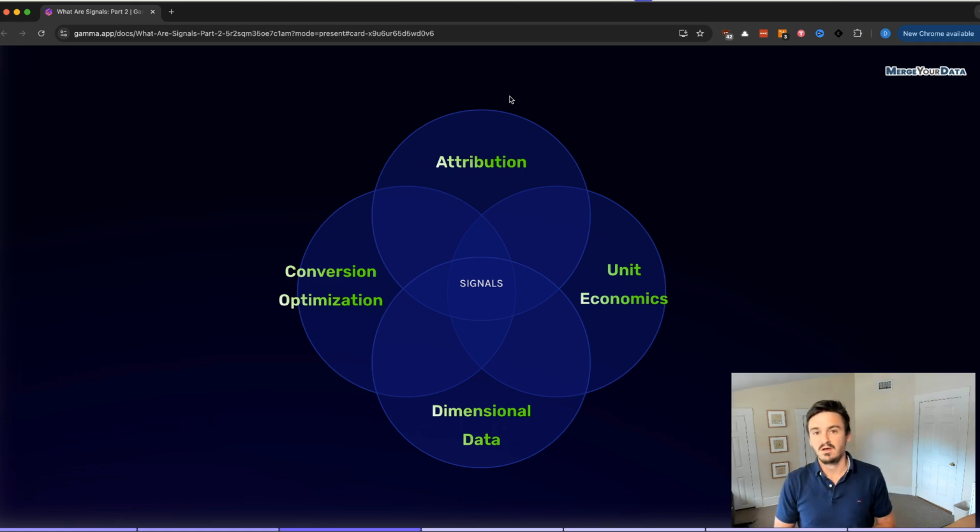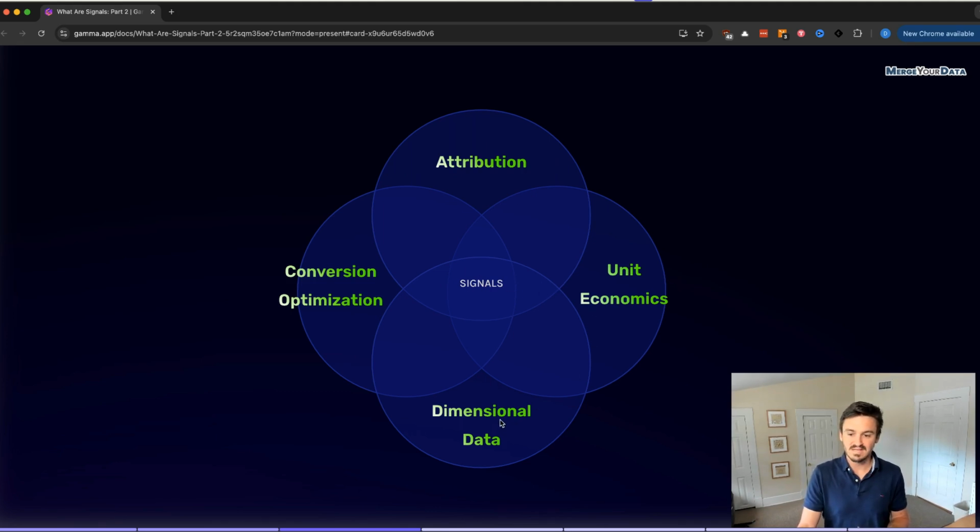For businesses that don't raise money or don't want to be laden with debt, you need specific unit economics in order to continue to grow and pay everyone and make sure that you're going to have enough cash in the bank to keep doing that. And so unit economics always ties back to all of these. And it's one of the main lenses that we view when looking at signal analytics.